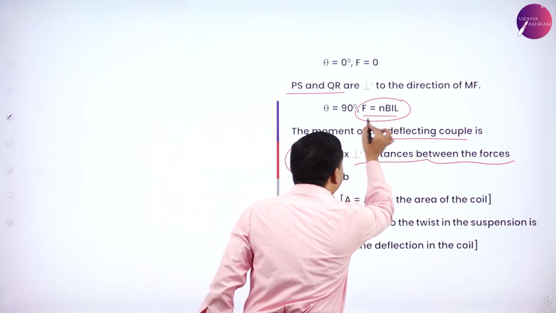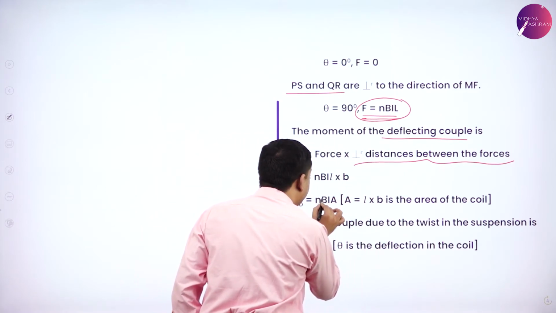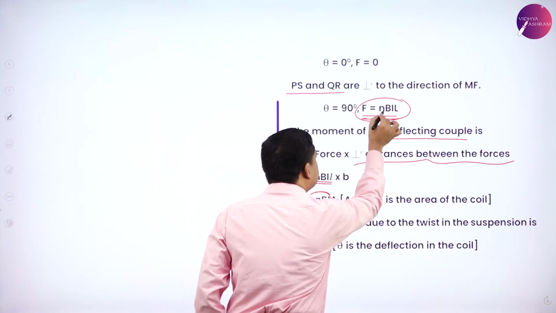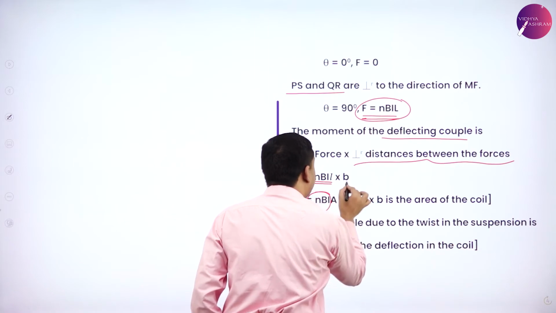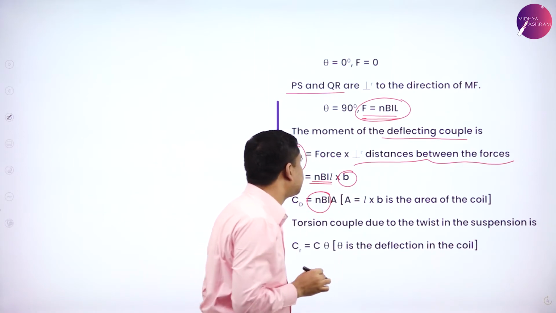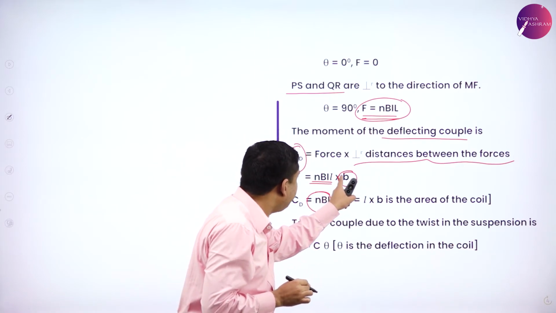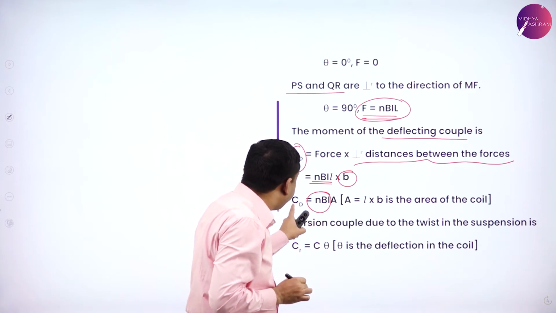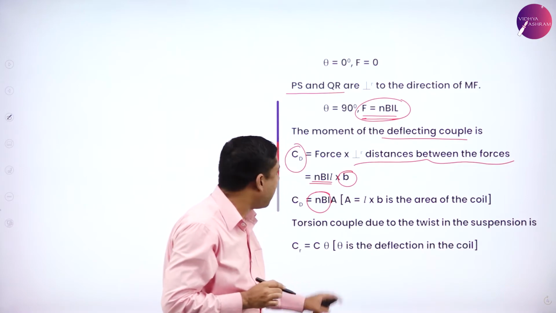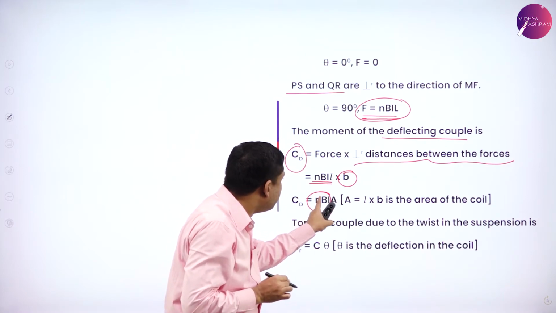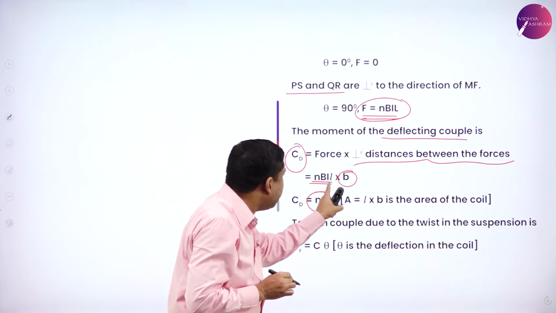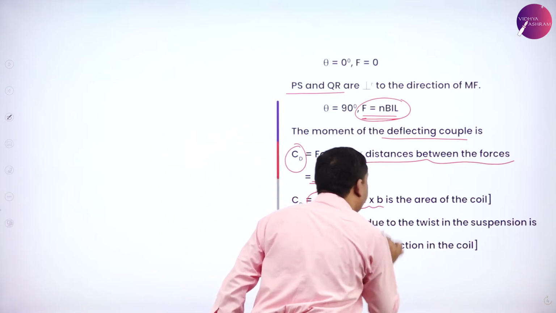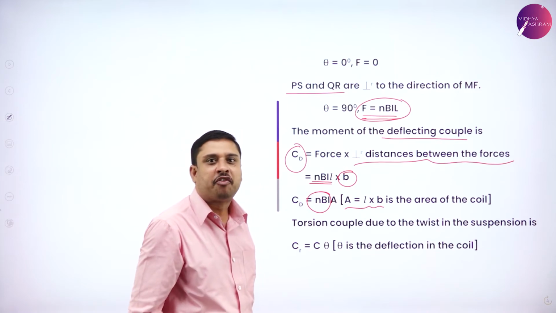Force, the magnitude is NBIL. Perpendicular distance, length into breadth, area. So the deflecting couple is given by NBIA. What is A? Length into breadth, which is the area of the coil.